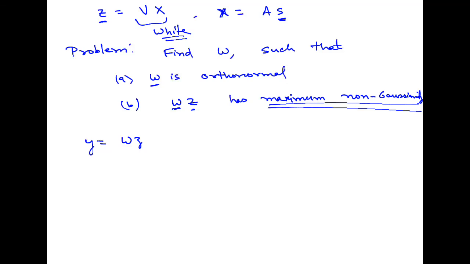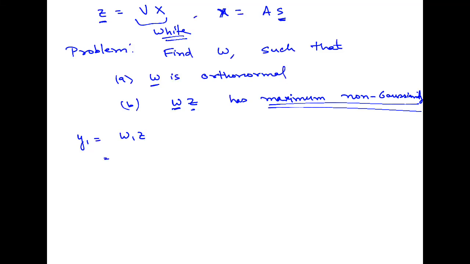Or let me just look at just one component. Let's say Y1 equals W1 times Z, just to simplify this. W1 is the first row of W. So I get Y1.